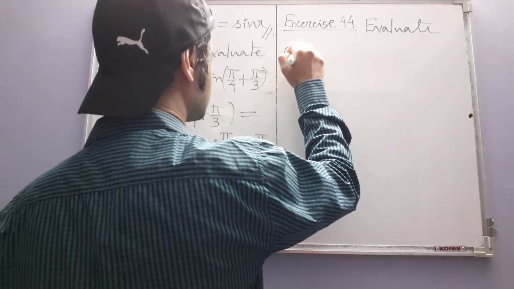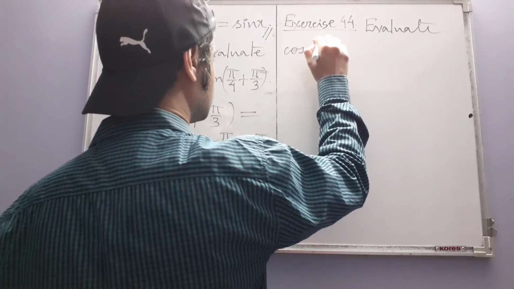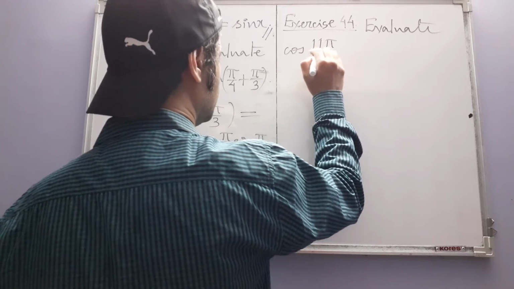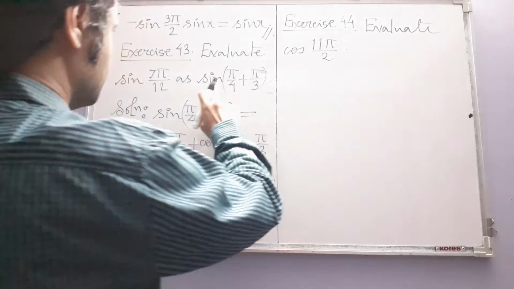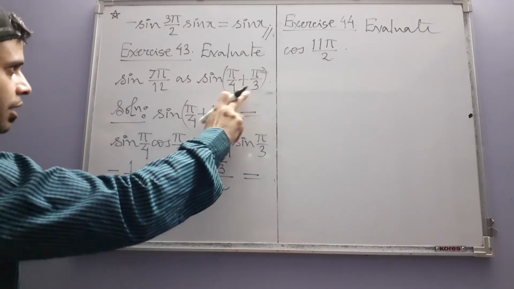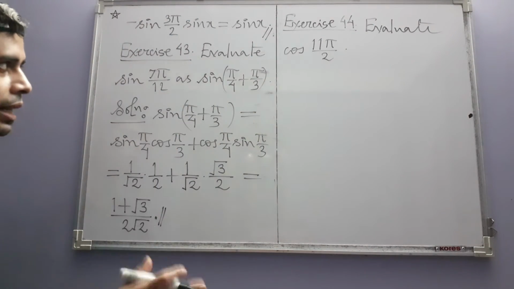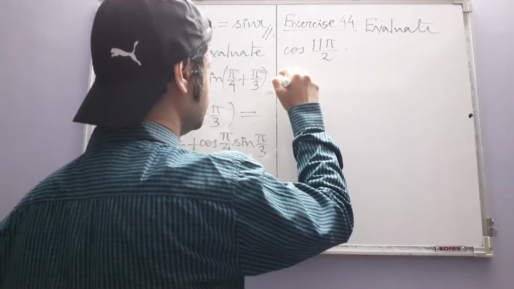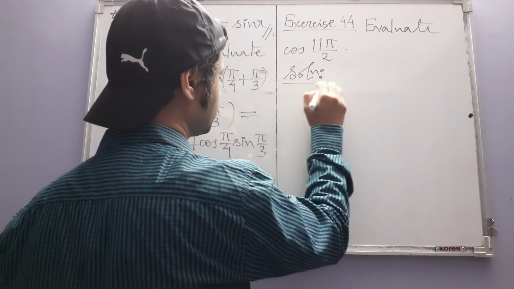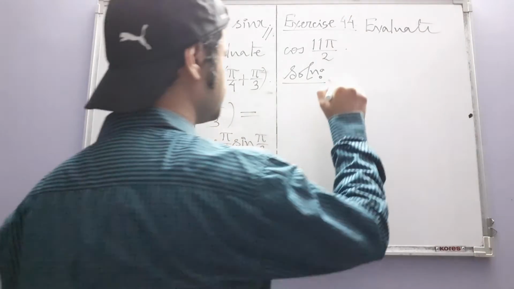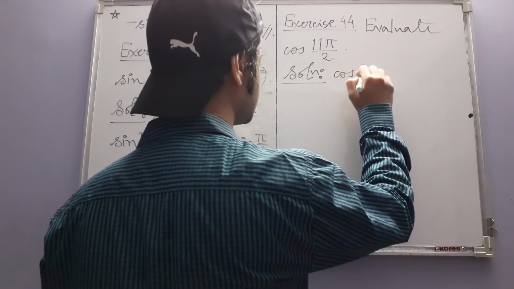Cos 11 pi over 2. However, some such revelation is not given. You have to figure out how to calculate this. So it's up to us.